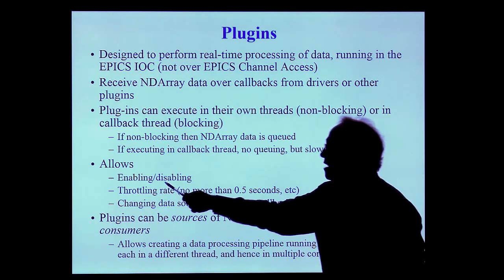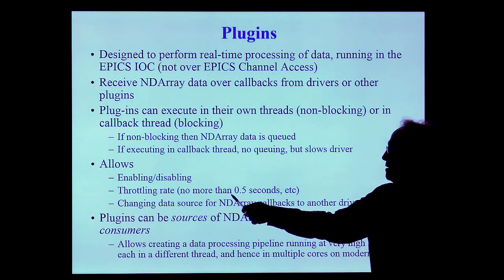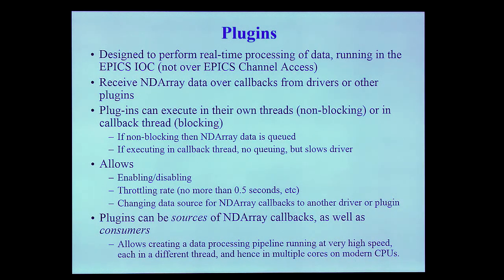All plugins now allow enabling and disabling the plugin, and throttling the rate. So you could say, I don't want this plugin to process every time there's a new image, only once every half a second or 10 times a second. And then, in real time, you can change where that plugin gets its data. Does it get it from the driver?